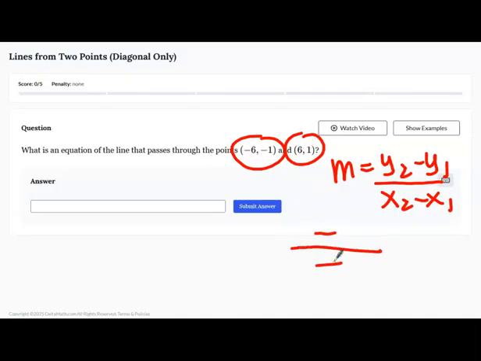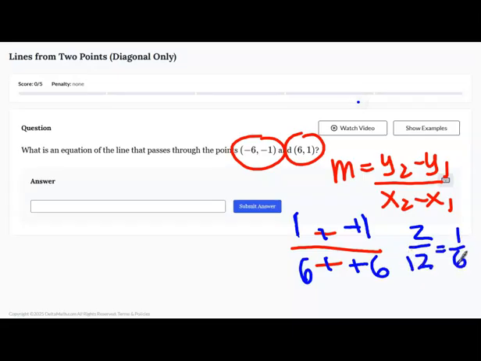So my giant subtraction fraction will have y's on top, so y minus -1, and then we will have x's on the bottom. So for us, that will be 6 minus -6. So here we're going to get 2, and here we're going to get 12, so my slope is 1/6.